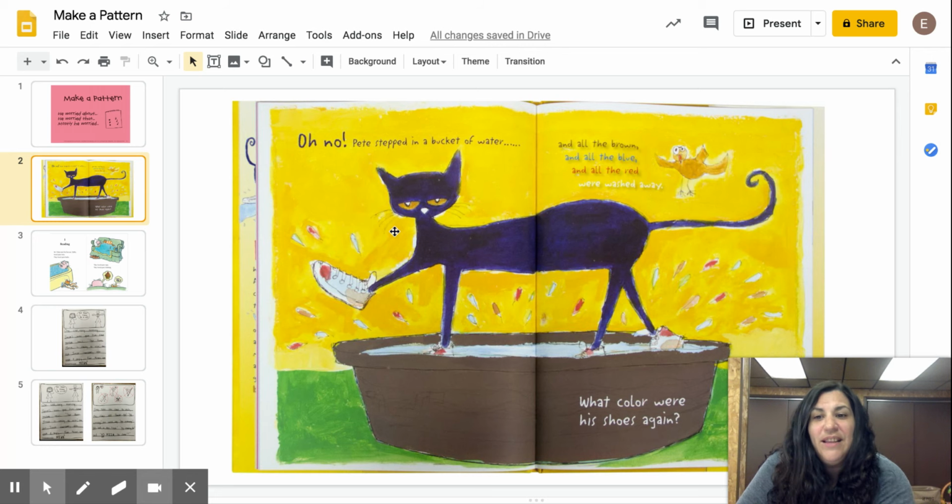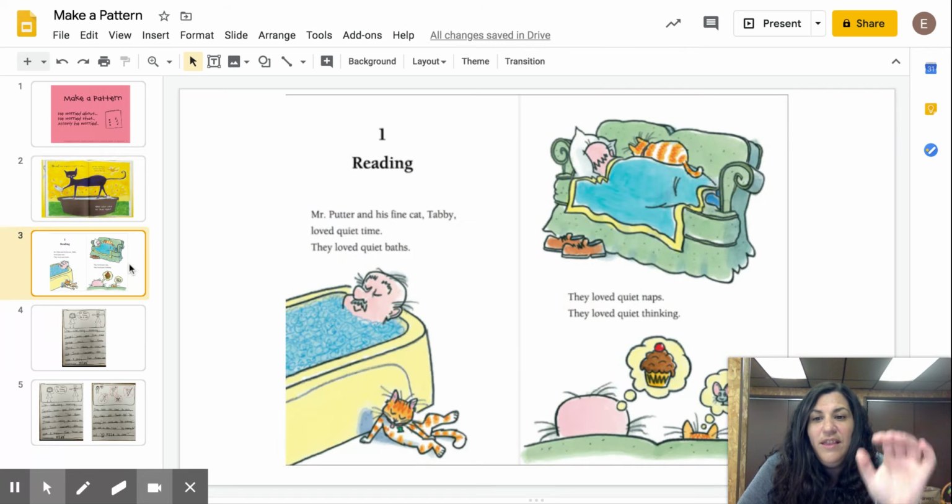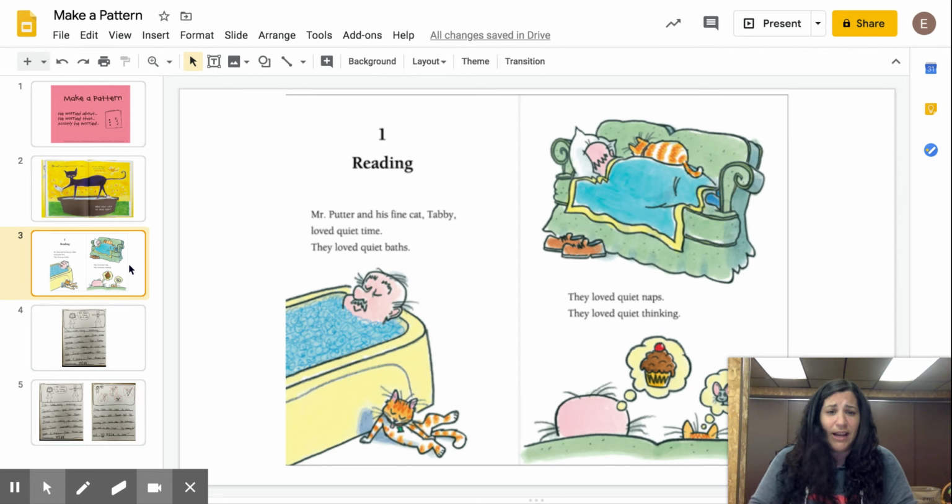Okay, let's take one more look. This is an example from a Mr. Putter and Tabby book. I love the Mr. Putter and Tabby books, and I'm really sad that they're all in our classrooms and we're not getting to look at them. But this was a book about what Mr. Putter and Tabby, his cat, like to do together. So it says, Mr. Putter and his fine cat Tabby loved quiet time.